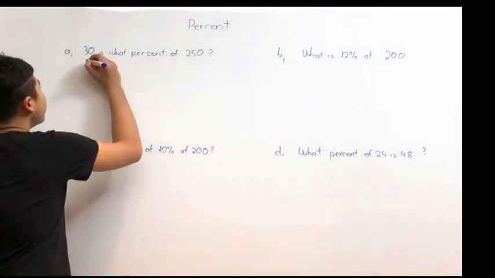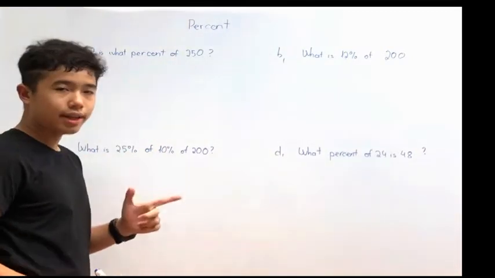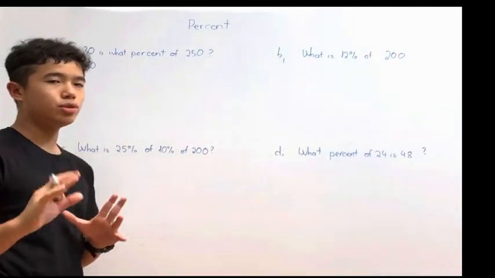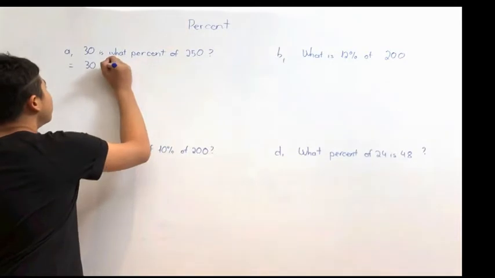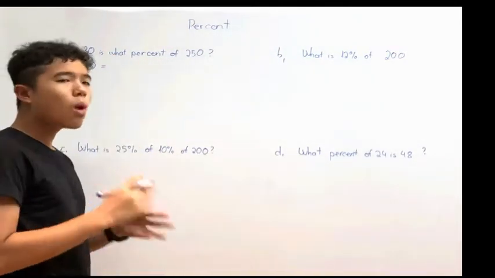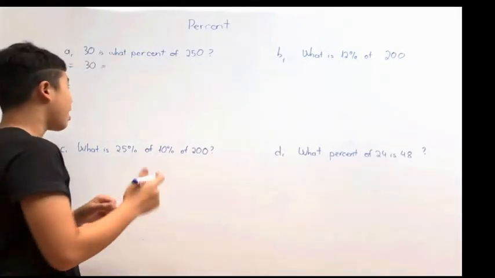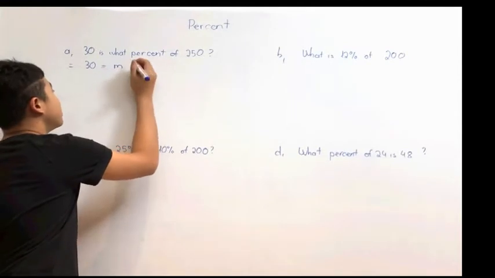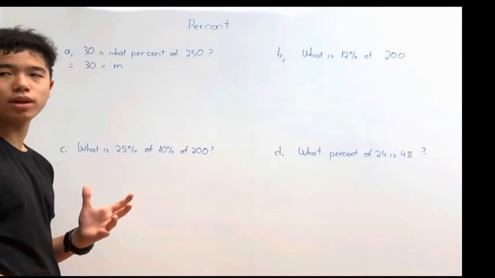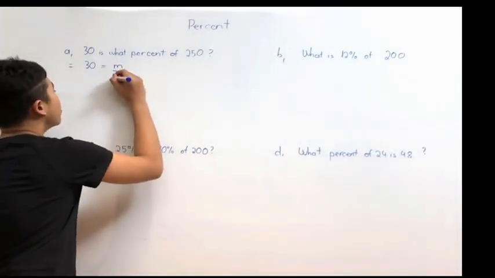So 30, we'll write down 30, and then is, you remember, the to be is going to be equal. What means your favorite variable, in this case I'm going to use m. And percent means out of 100, means divided by 100. So m over 100.